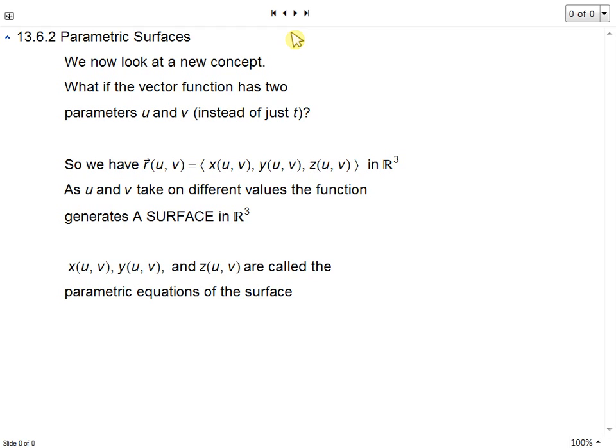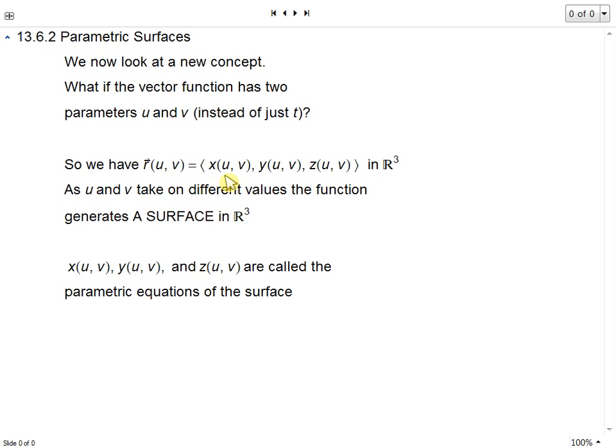Now what we want to look at, a new concept: what if the vector function has 2 parameters instead of 1? So instead of having just the parameter t, we now have a vector function that depends on 2 things, u and v. Now we're not going to use t so we don't confuse it with curves. We'll use u and v instead. So you give me a u, you give me a v. Those are usually numbers.